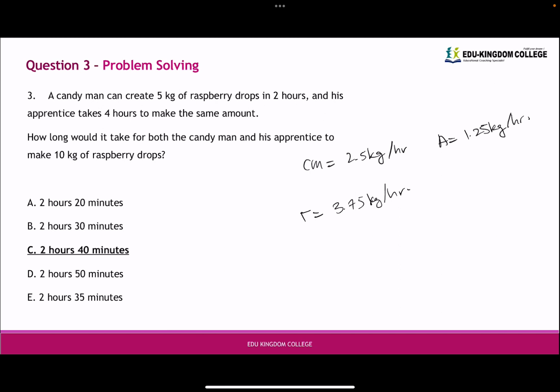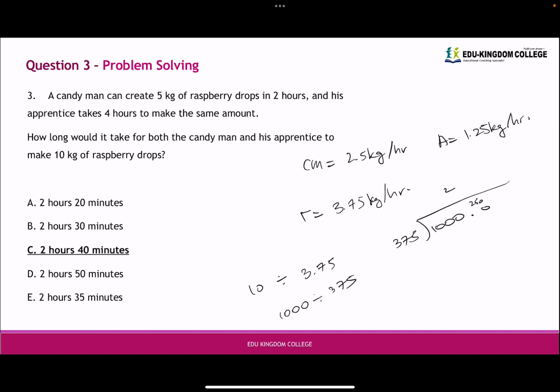Now, how long is it going to take them to make 10 kilograms? If you do the maths, it's 10 divided by 3.75. When I do long division, I don't want decimals in there, so I'm just going to multiply both by 100. That's the same as 1,000 divided by 375, which makes my life easier when I long divide. So 375 goes into 1,000 twice, leaving a remainder of 250.